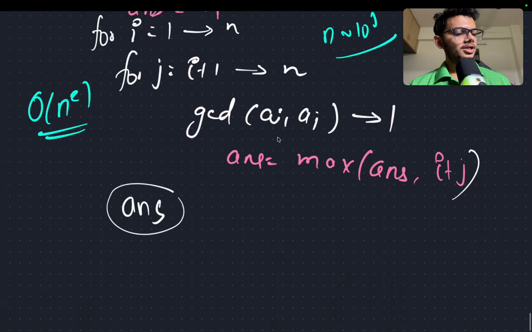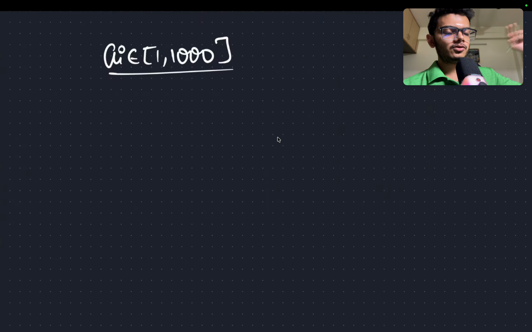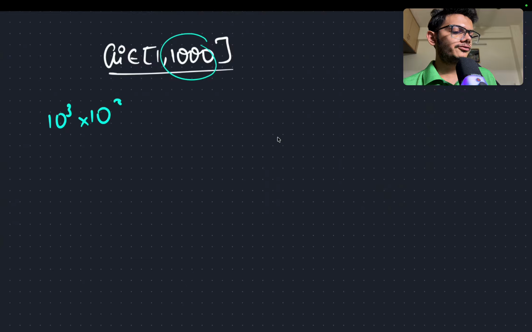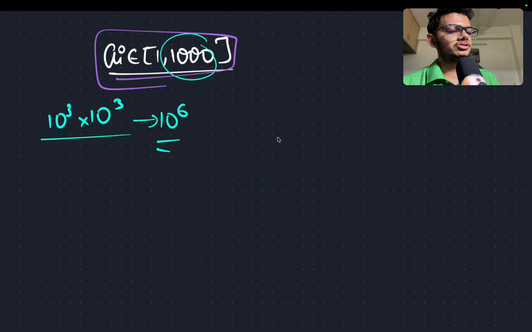Let's go back to the observation that we made. We know that ai only belongs to 1 to 1000. This is a very small range. Even if you model your time complexity around this number, which is 10 power 3, even if you do a quadratic solution, it is simply 10 power 3 into 10 power 3, which is nothing but 10 power 6. So this gives you an idea: there is a pre-computation possible on this range.